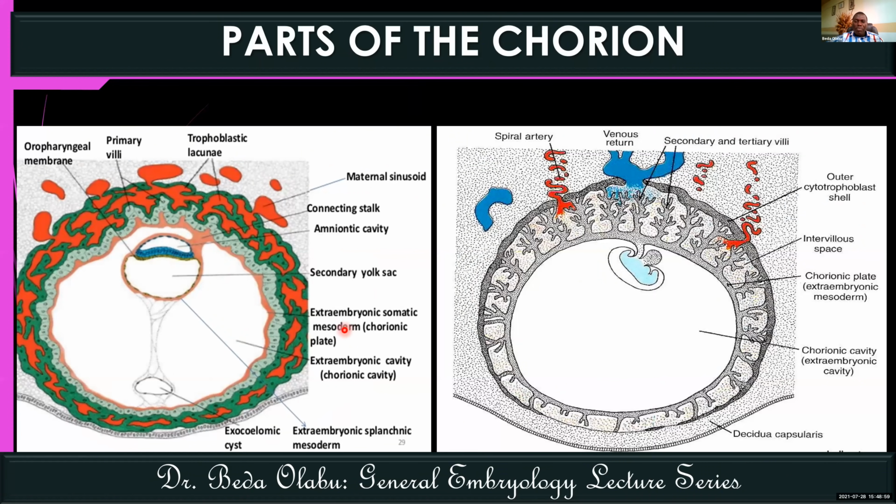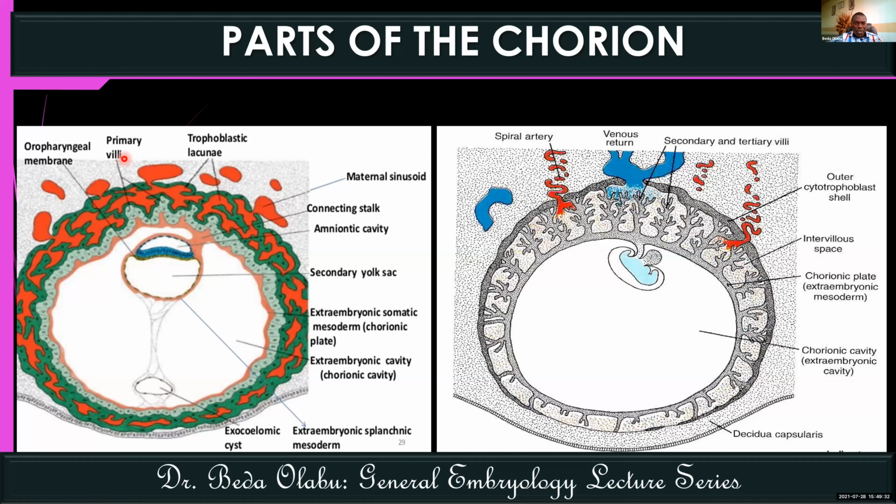The chorion is described to have two parts. I want you to follow the cytotrophoblast keenly and notice that this lower end doesn't have some things that look like spikes, but this upper end has those things which look like spikes. Those spikes are known as villi. Based on that, we can say that the chorion has two parts.